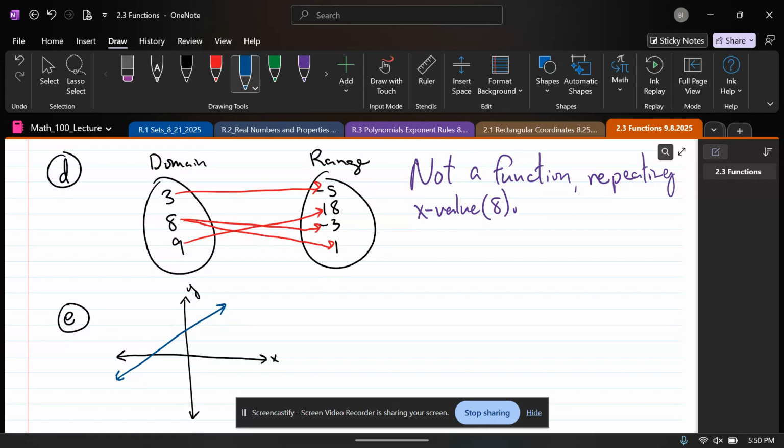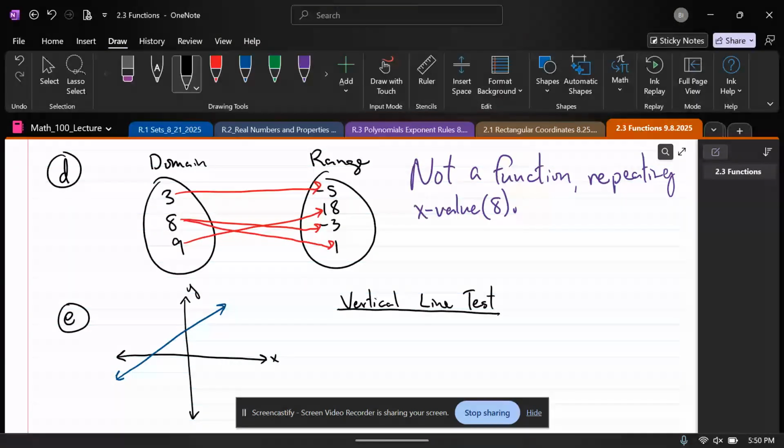Okay. Now, you may or may not remember this from way back, but does anybody remember the vertical line test? The vertical line test is really how you can test if an x value is repeated on a graph.